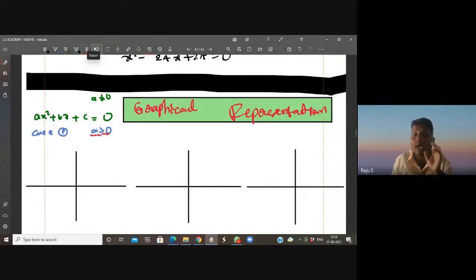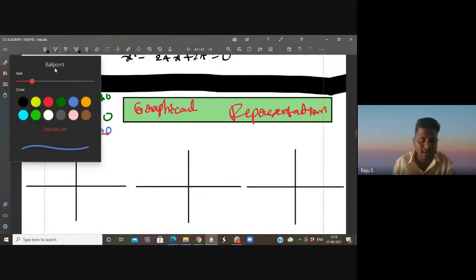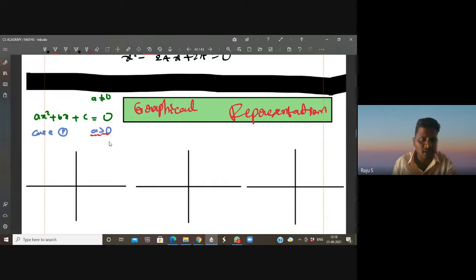And here again 3 different conditions are there. When it opens upwards, I'm going to take the graphs. All of you observe here. I'm going to draw the graphical representation. This is one of the curves, and these are the 3.